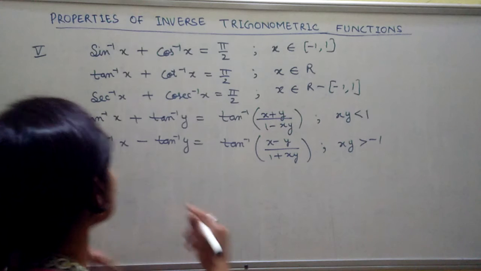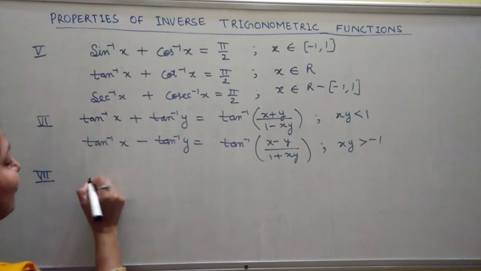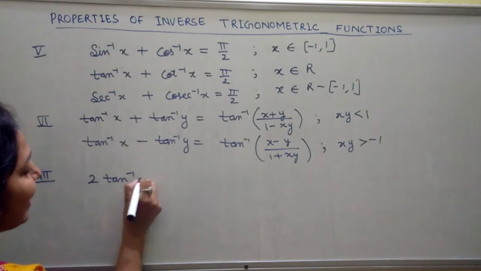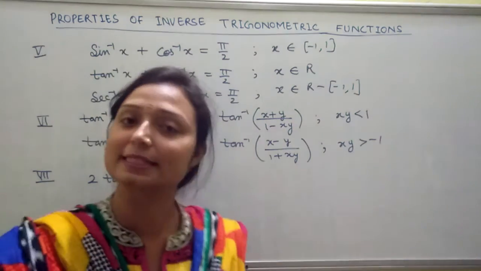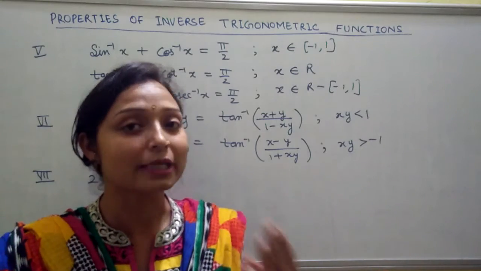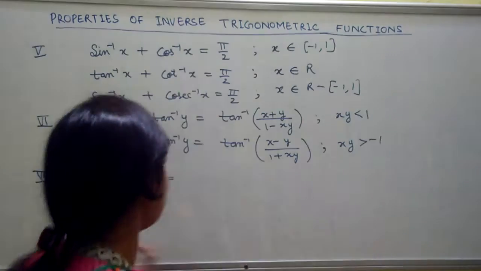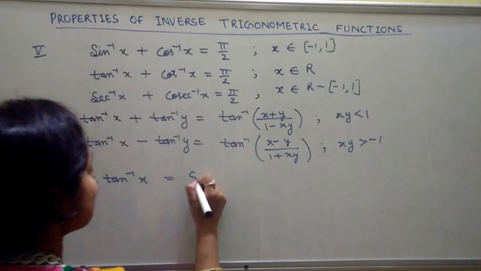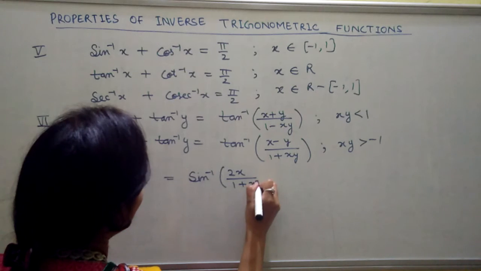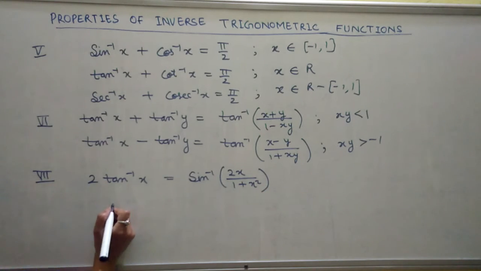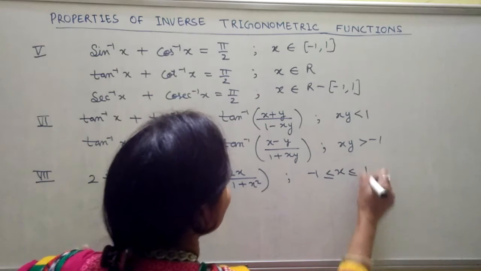Okay, now come to the last property, the 7th property. Actually we have the 2 tan inverse x formula in the form of sine, cos and tan, that is, in the form of 3 inverse trigonometric functions on the basis of some conditions. First is 2 tan inverse x, that is sine inverse of 2x upon 1 plus x square, and the condition is x lies between minus 1 to 1.